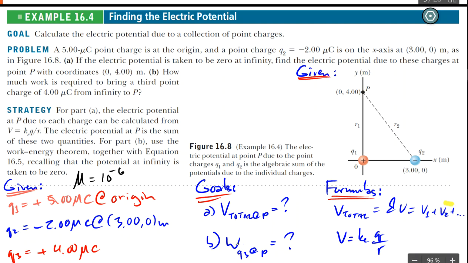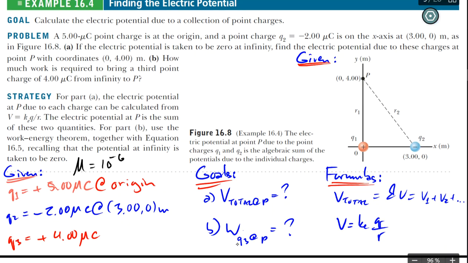The formula we'll need is the superposition of potential: the total potential at a certain point is just the sum of all the potentials that exist, and for the first part, we only have 2. We'll need this formula, and I just realized I'm missing one.